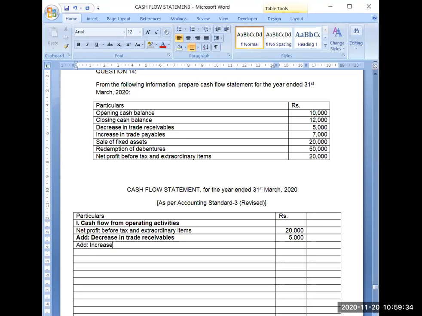When we add this, it will be 7,000. So the final amount which we get now is 32,000.